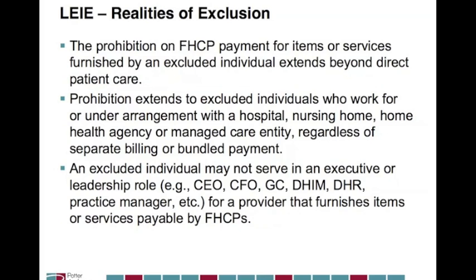The issue is whether the excluded person is providing any of the services that are being requested, for which reimbursement is being requested. So even if it's a bundled payment, a set payment, regardless of the scope and nature of the services, if an excluded provider is providing those services, it may not be submitted for reimbursement to a federal health care program.